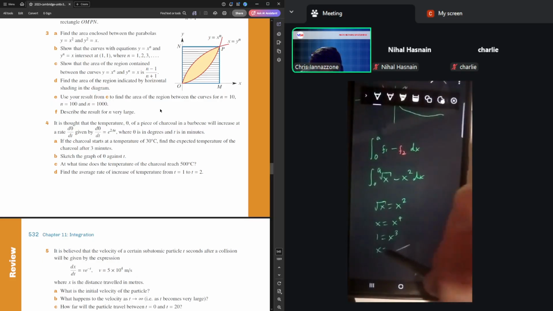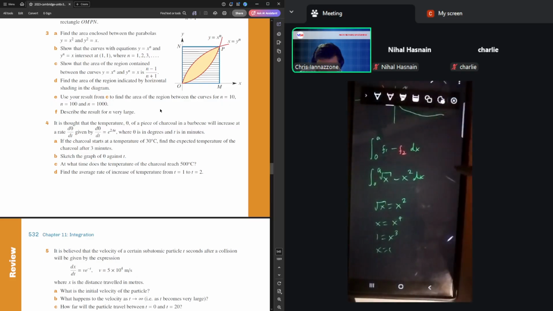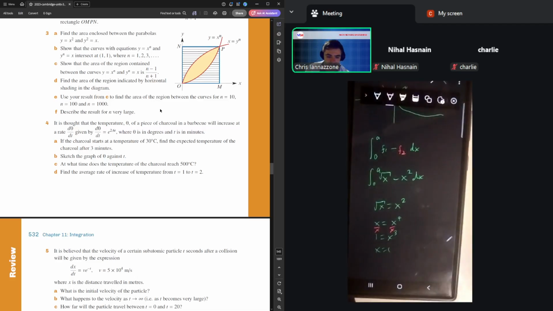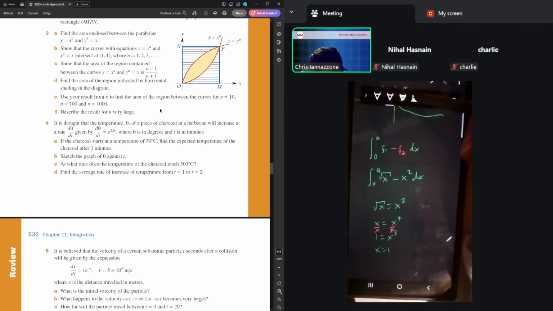Because while that does give you a solution, it ignores the possibility of x being 0. Because in order to actually do that, you have to divide both sides by x. And if x could be 0, what you've actually done is technically invalid as far as math is concerned.